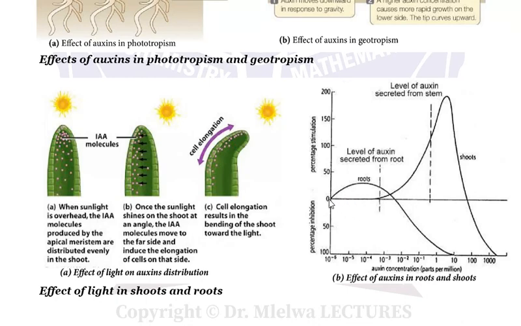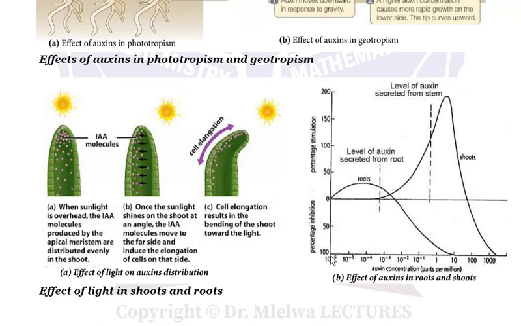So as you can see here, we have zero concentration. We have zero, I don't mean concentration, I mean it is a zero growth percentage. So from here upward it is stimulation, from here downward it is inhibition. So in zero concentration, these are just concentrations of auxin.